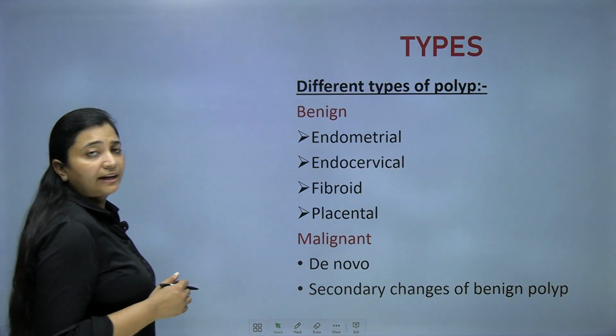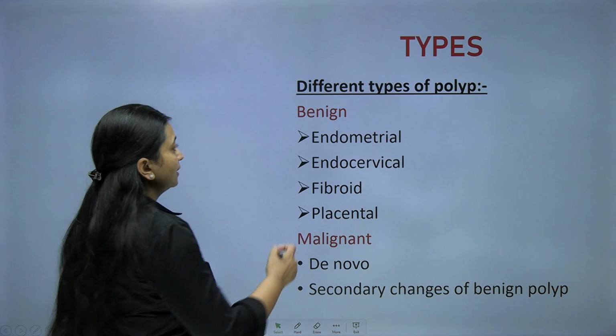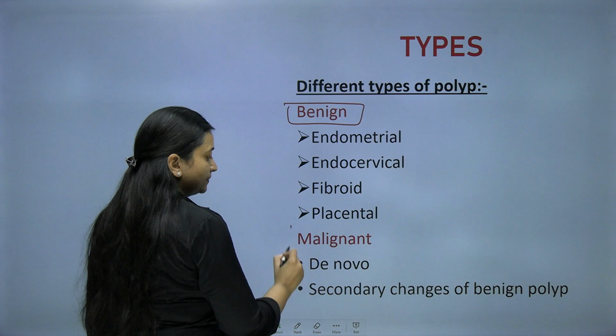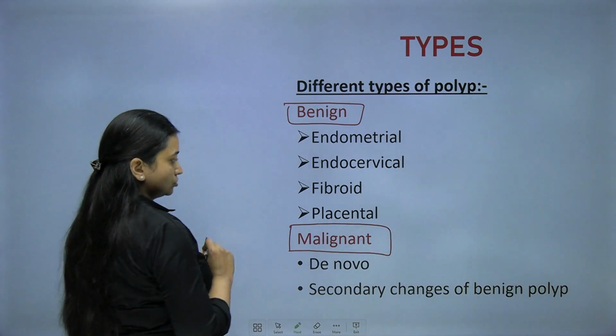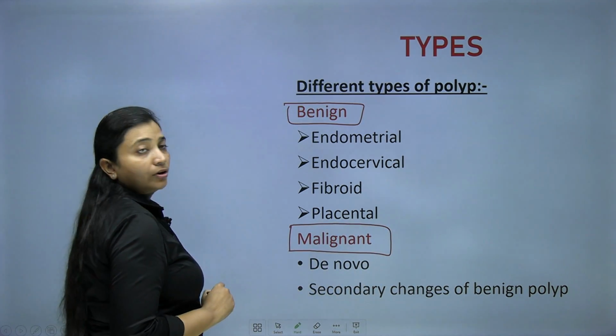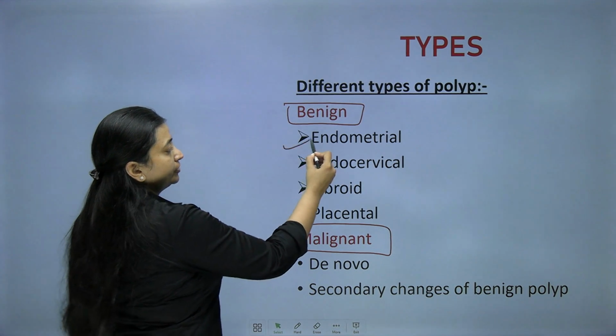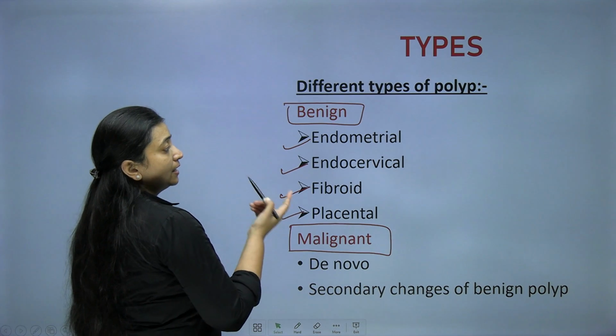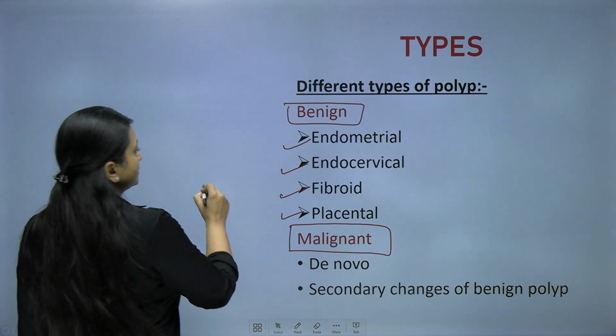Now what are the different types of polyp which we will be studying? Mostly polyps are benign, but sometimes they can be malignant also. So what types of benign polyp are we talking about? Endometrial, endocervical, fibroidal, placental. As the name suggests, this is the uterus.